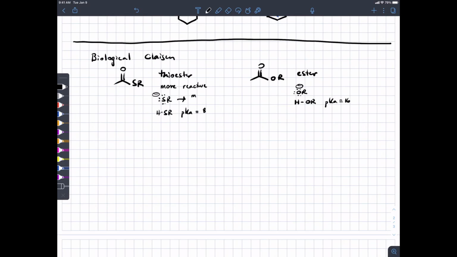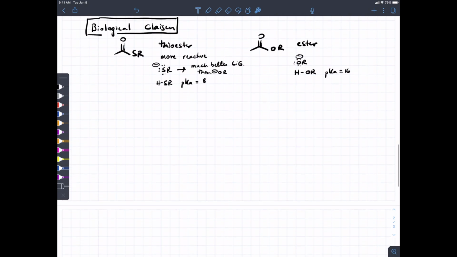So RS minus is a much better leaving group than RO minus, which means the thioester is more reactive than the ester. Okay? So nature doesn't use acid chlorides or anhydrides because they're too reactive. Instead, it uses the thioester, which is really good at addition and substitution reactions, nucleophilic acyl substitution reactions, but at the same time is stable enough to last for quite a long time in water.